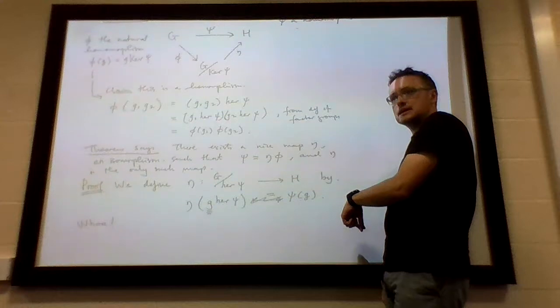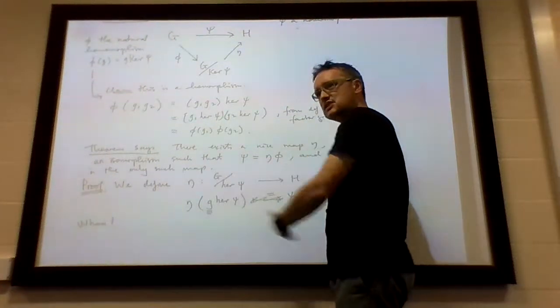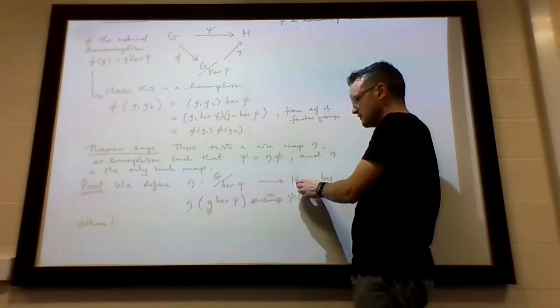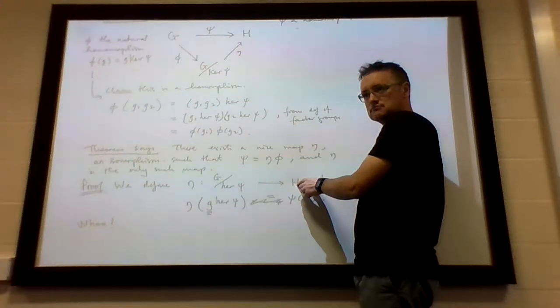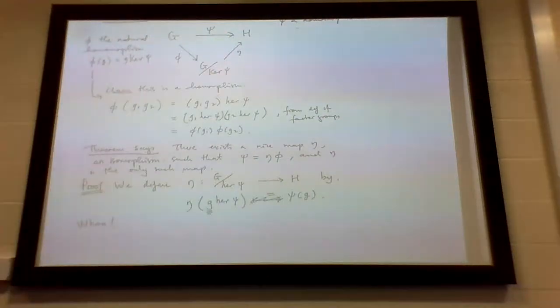If this is to be a definition, it must be unambiguous what the value in H is. So the question is: is this definition for eta well defined?